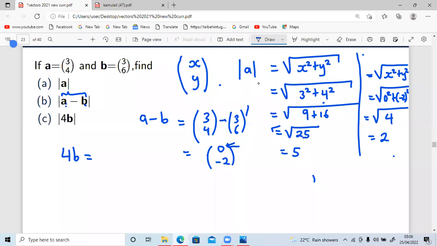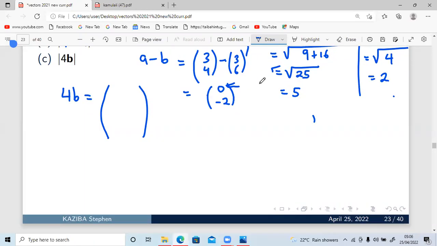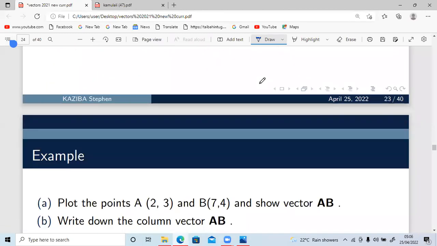Not yet. Okay, tell us what is your 4B? I have not yet got my 4B. Okay, but have you written the question down? Yes. So you get it and you tell us whether you have got the same as 26.8.